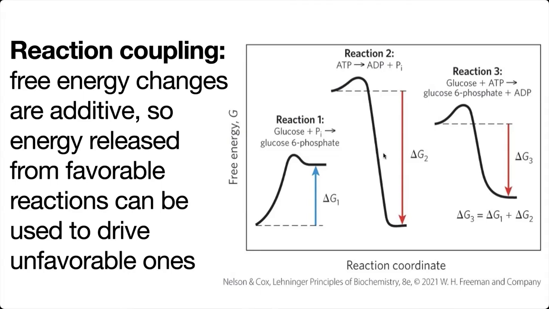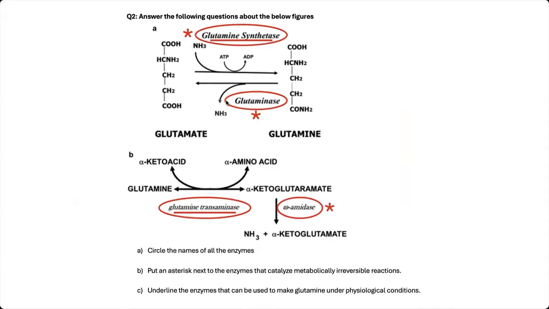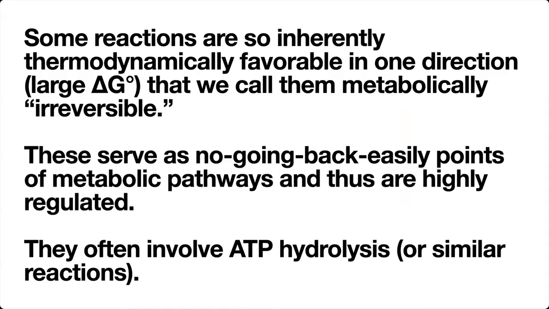It has a large negative delta G, it gives off a lot of energy, and that energy is used to power unfavorable reactions. So the energy from ATP hydrolysis can be used to make our glutamine. It must be energetically unfavorable to stick on this amine group, and so the ATP is providing the energy to do so.